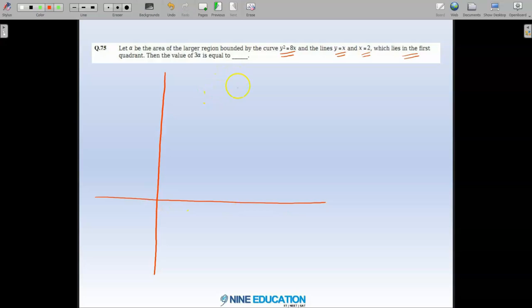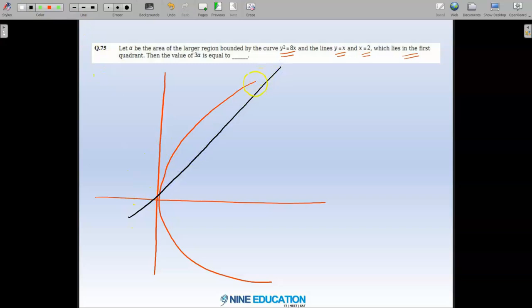So y square equal to 8x, that graph is basically symmetrical about the x-axis, and then we have the line y equal to x. So let us draw the line y equal to x. It is passing through the origin. And then we have x equal to 2. If we see the intersection point of this line and the parabola by putting y equal to x, it will be basically x square equal to 8x.